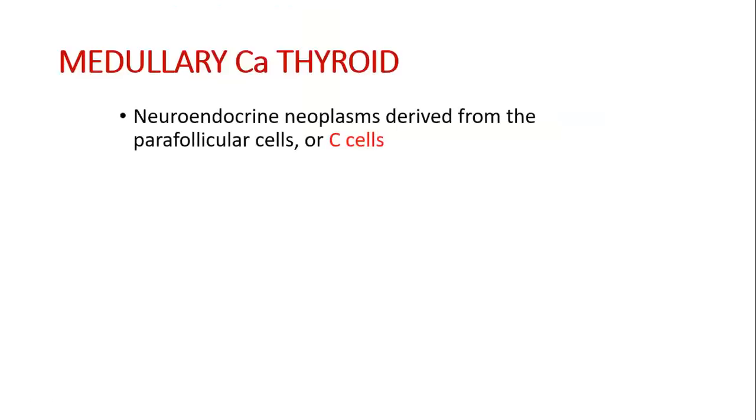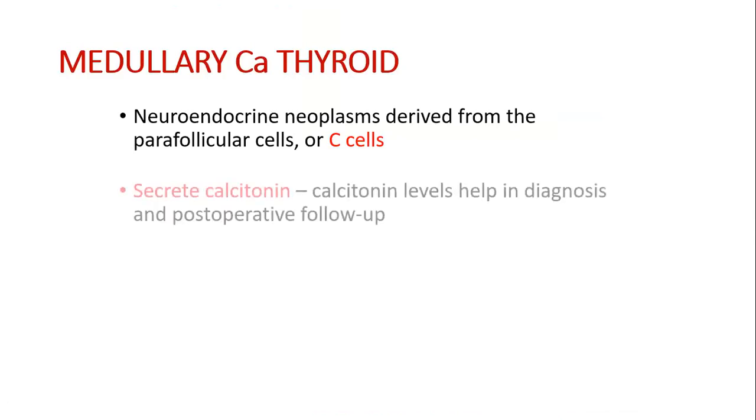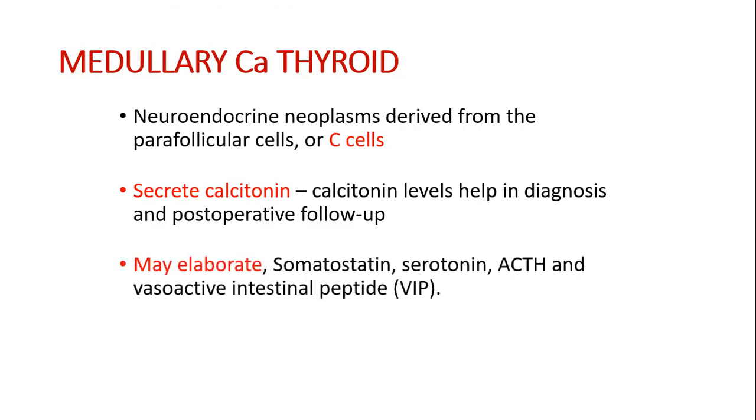Medullary carcinoma is a neuroendocrine neoplasm derived from C cells or parafollicular cells, calcitonin secreting. So obviously calcitonin level can be high. It can act as a tumor marker, a high level of calcitonin diagnoses medullary carcinoma of thyroid. It may also elaborate somatostatin, serotonin, ACTH, and vasoactive intestinal peptide because of the parafollicular cells.